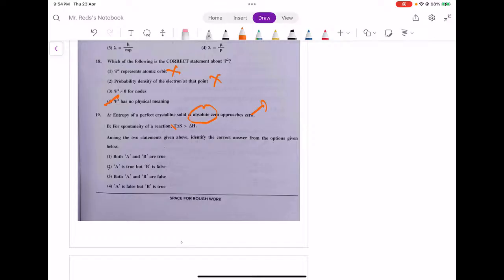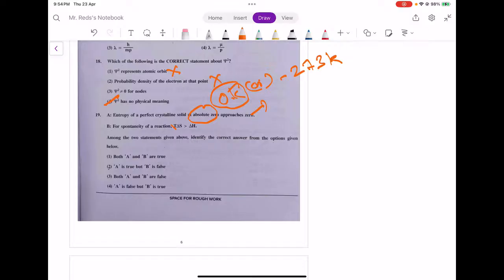Absolute zero temperature means, students, 0 Kelvin, or minus 273 degrees Celsius. This is the lowest temperature on the Kelvin scale. At this temperature, there is no randomness or disorder in the given solid. What is entropy? Entropy measures the randomness or disorderliness of a system.